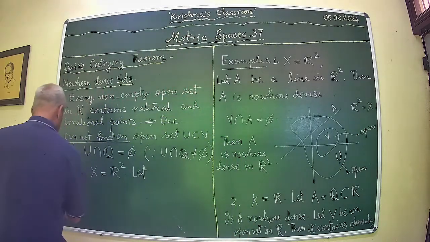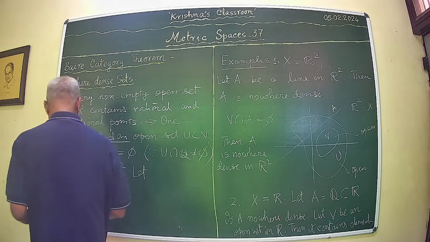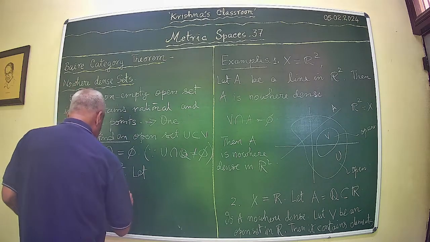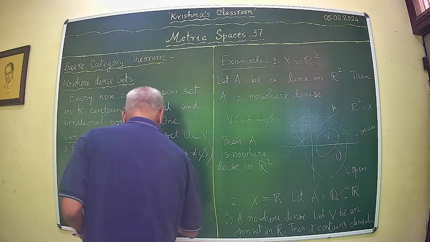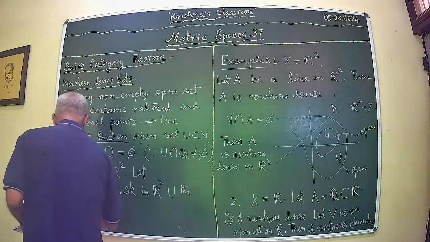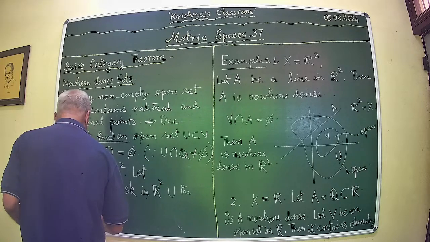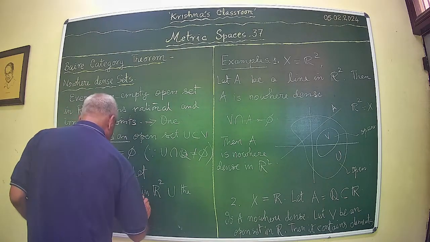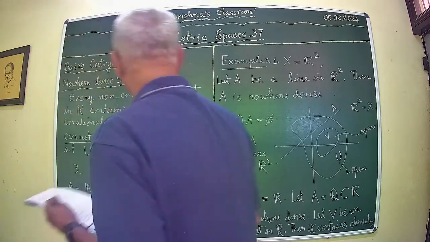Let A be equal to the unit disk union the line. So if you choose this set, then your A is the following.